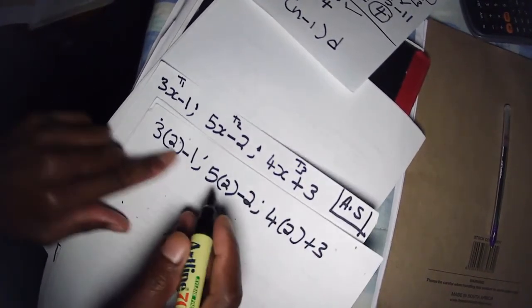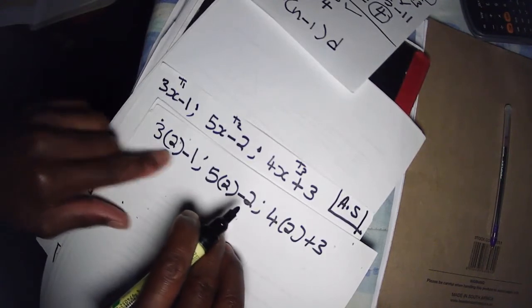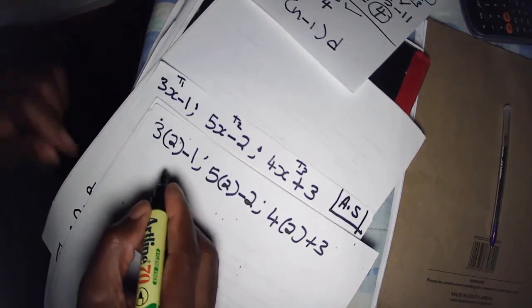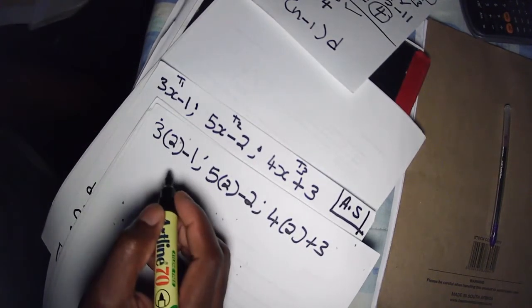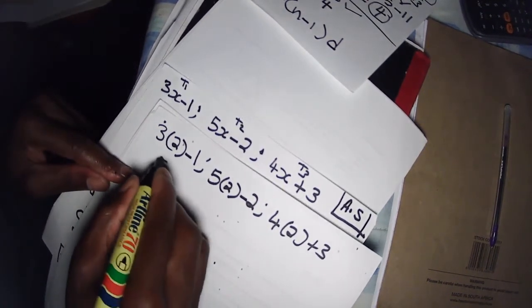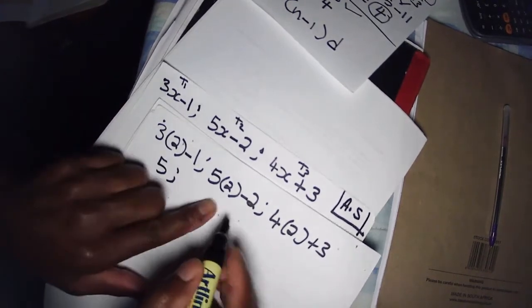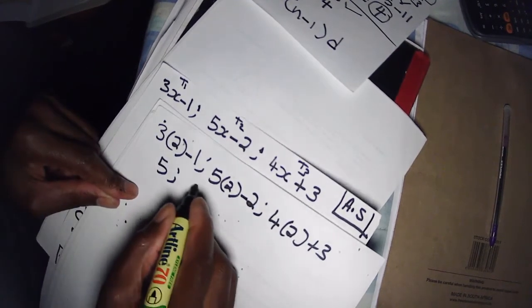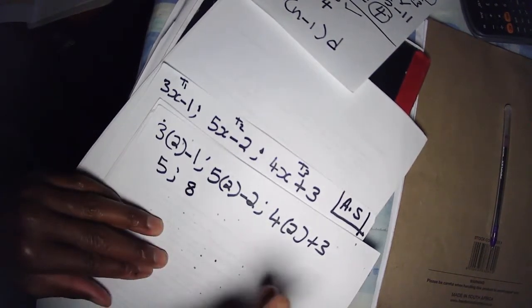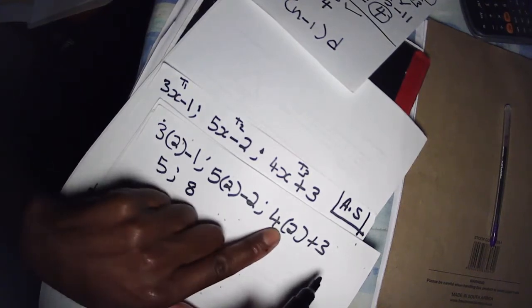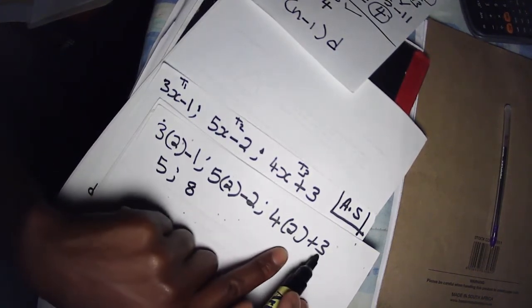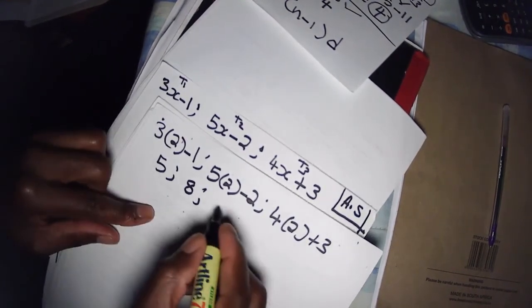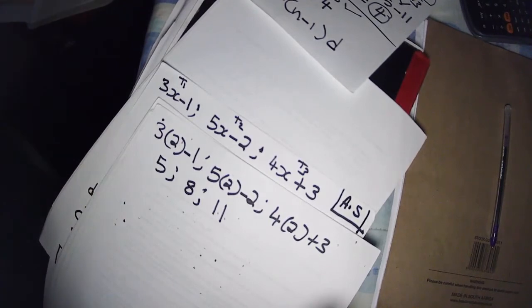What do we get from here? 6 minus 1, which is 5. Then 10 minus the 2, so we get 8. Then 4 times 2 is 8 plus 3, so we get 11.